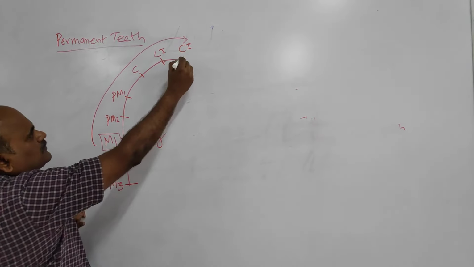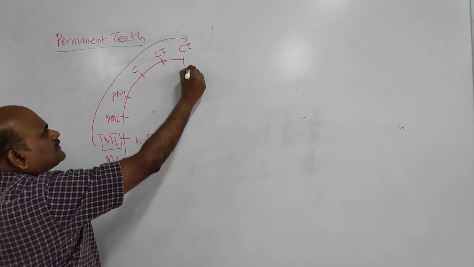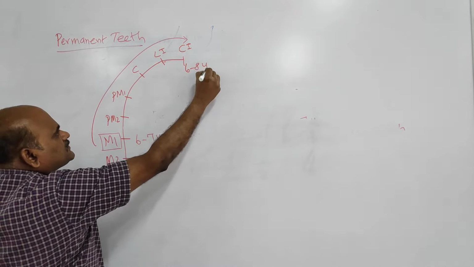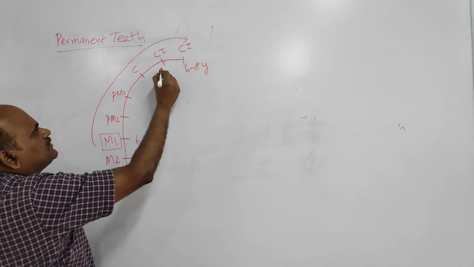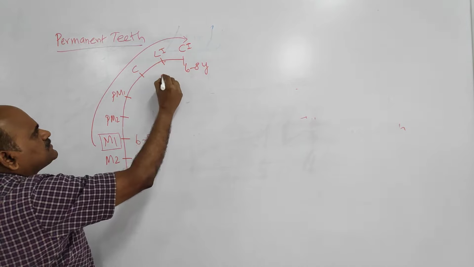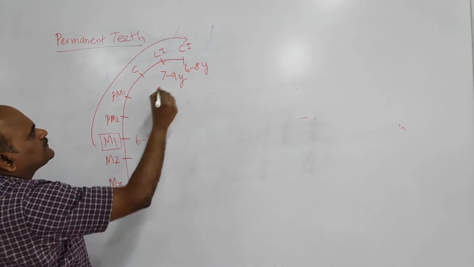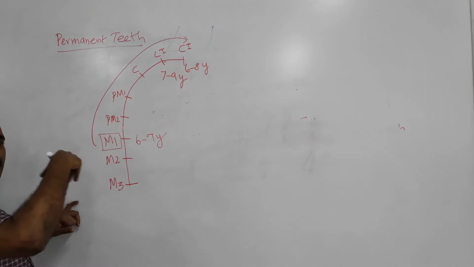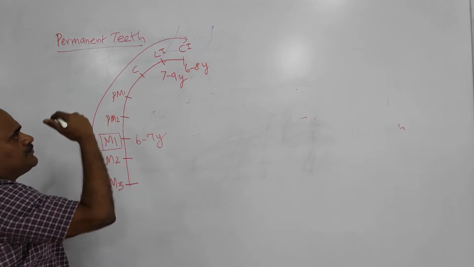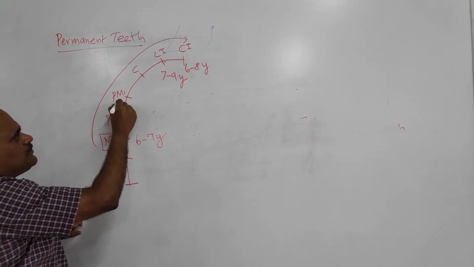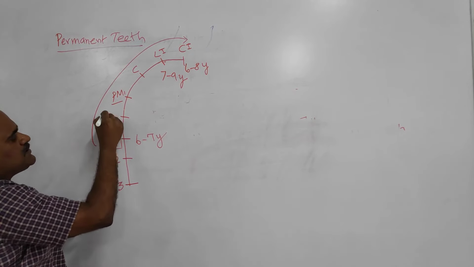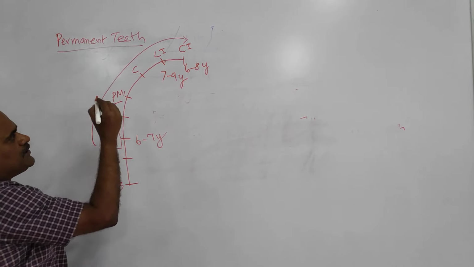Now, when these central incisors eruption occur, 6 to 8 years, then comes the lateral incisor, 7 to 9 years. Skip the canine like temporary canine. Come to these premolars. Both the premolars, after this only we have to come to canine.